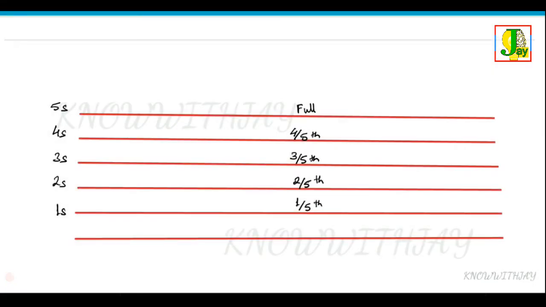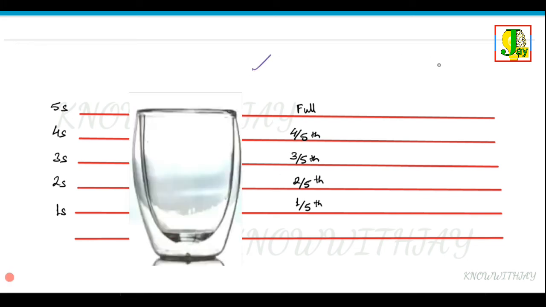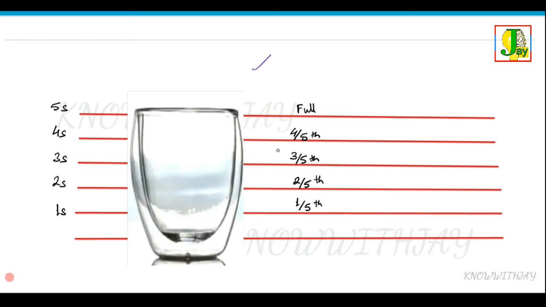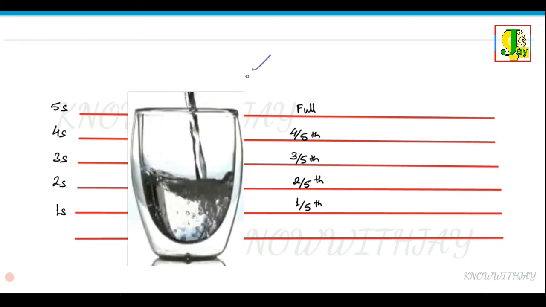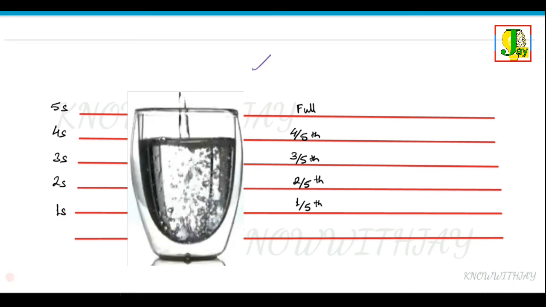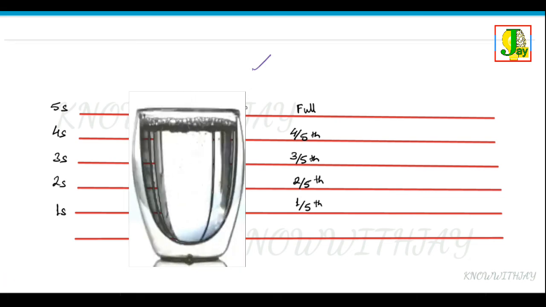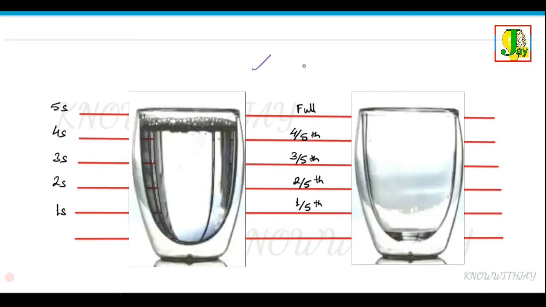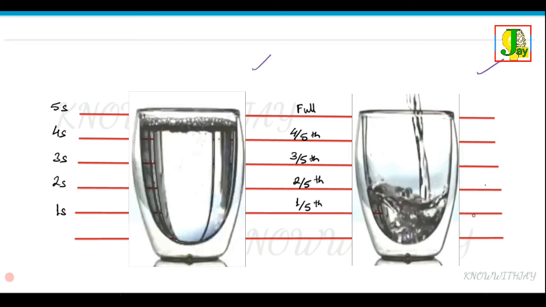To understand this concept, let us have an empty glass to be filled by water. If the water takes 5 seconds to fill the glass to its brim, how much part of the glass will be filled in 1 second? You can see that the water fills 1/5 of the glass in 1 second.